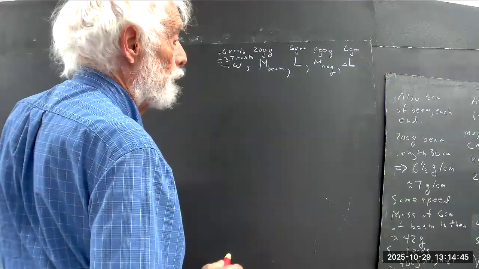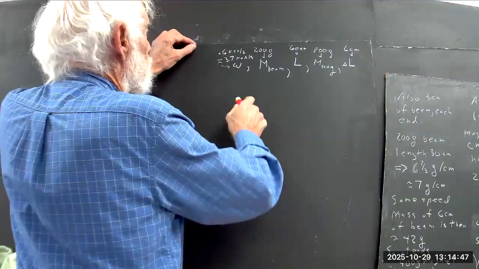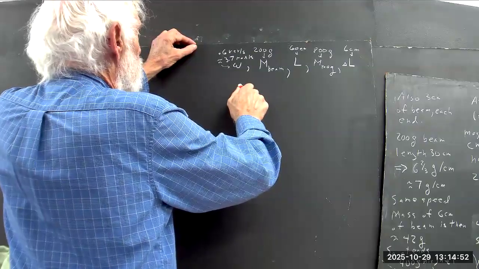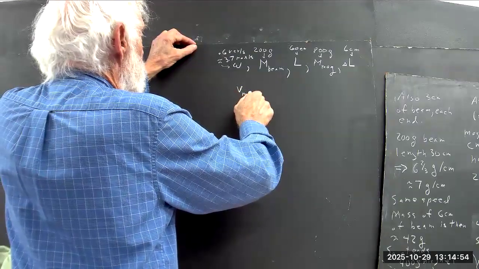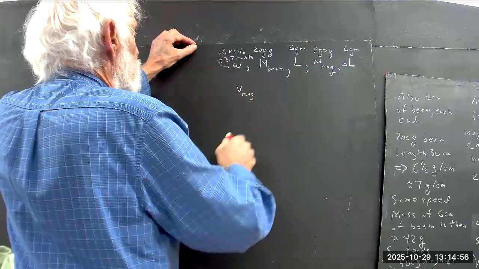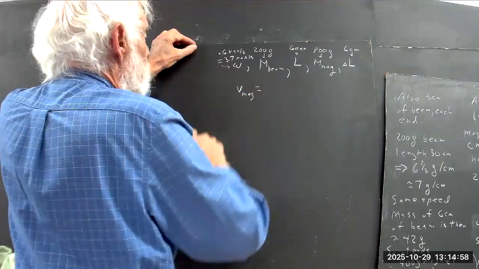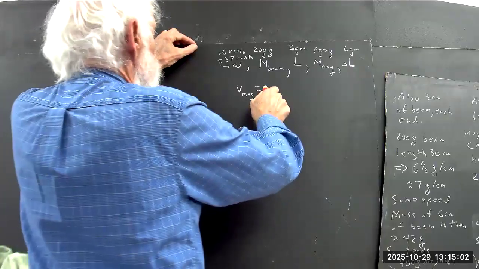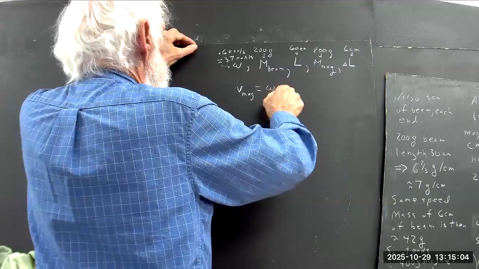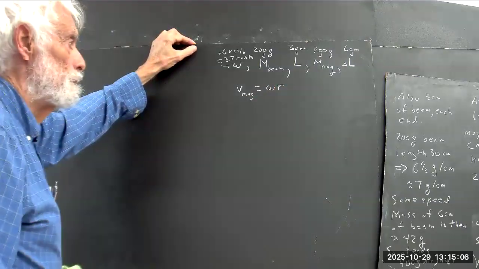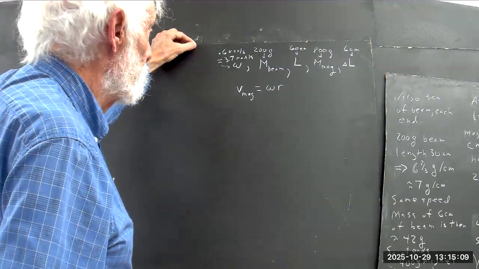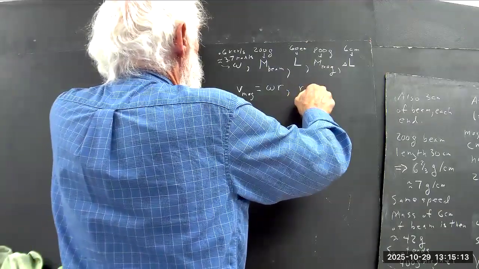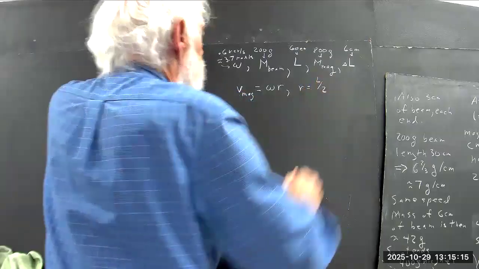What did I just do over here? Velocity of the magnets is omega r. There's an area that I would like you all to think about.